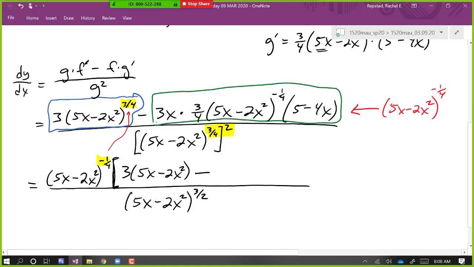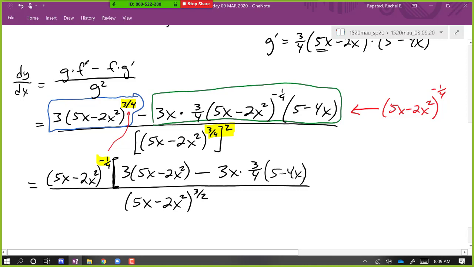So what factors do we need to pick up there? 3x times 3 over 4, times 5 minus 4x.